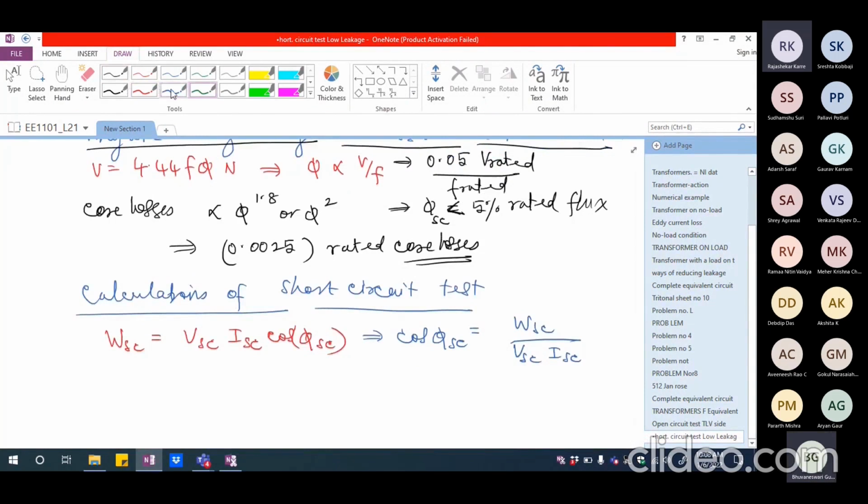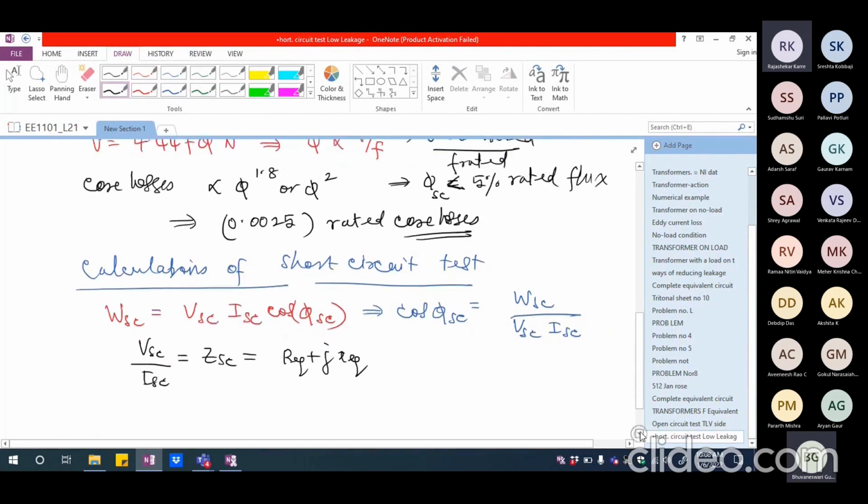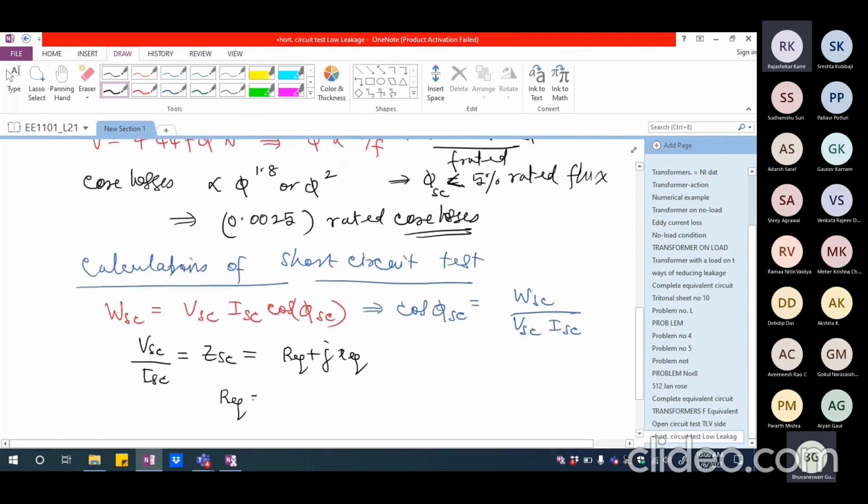Now VSC divided by ISC is going to be ZSC, right? The impedance during short circuit condition, consisting of R equivalent plus j X equivalent. So I should be able to calculate R equivalent as ZSC times cos phi SC and X equivalent as ZSC times sin phi SC.